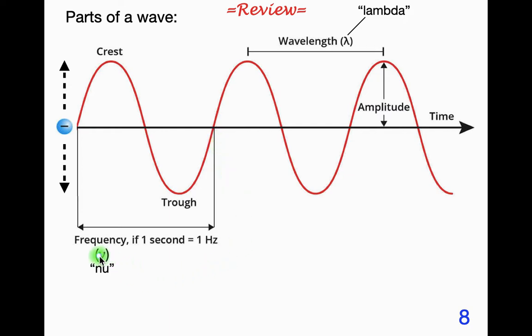We use the Greek letter nu to represent frequency, which kind of looks like an italic V. In recent years, it seems like the symbol nu has lost favor, and often you'll just see a capital F representing frequency, though lambda still is hanging in there.